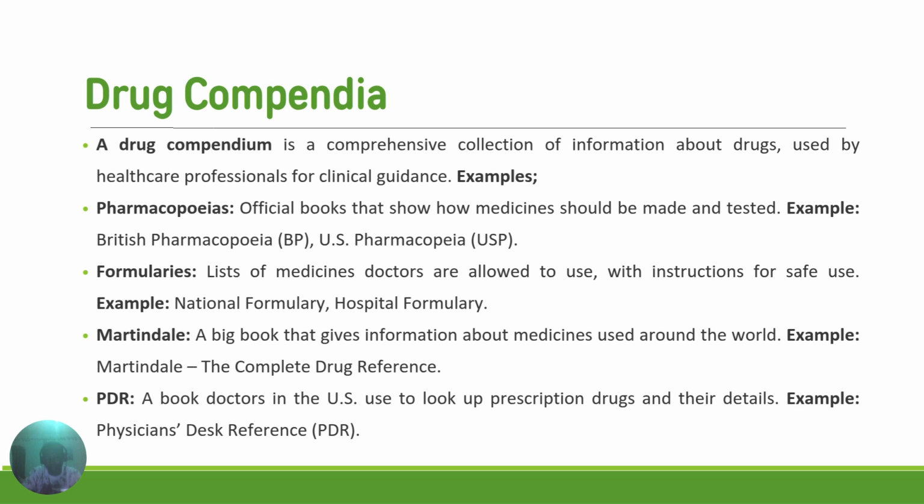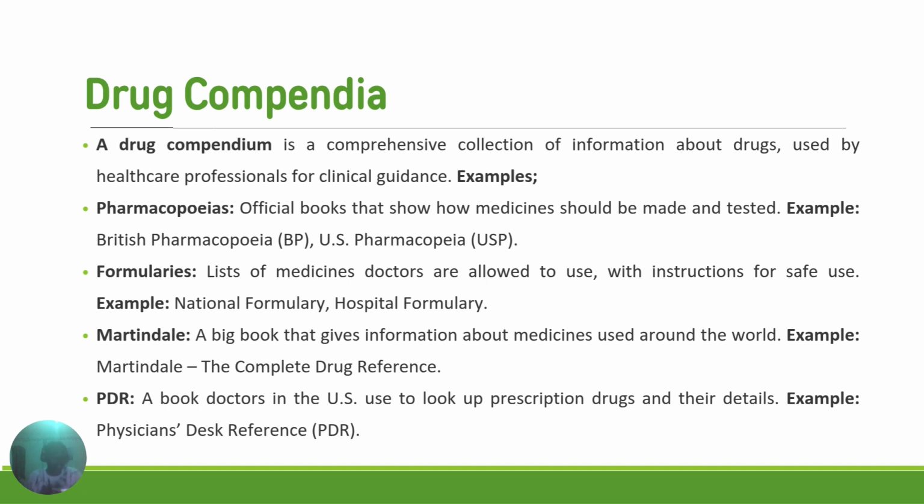A Martindale is a big book that gives information about medicines around the world. So those medicines that are widely used around the world, they have a specific big book that contains the information. Example is the complete drug reference.